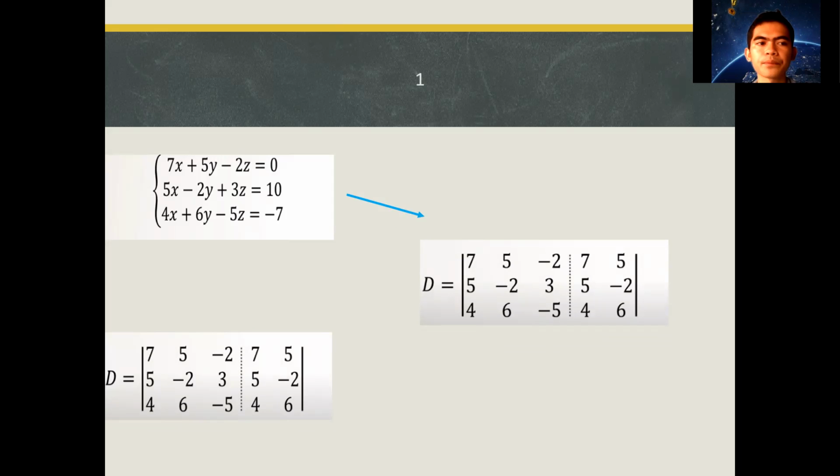And it will become, and we can get the result from the division in the diagonal. Something like this: 6 with 5 with -2, and 4 with 3 and 5, and -5 divided with -2 and 7.